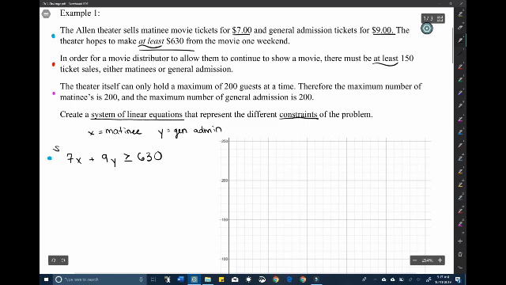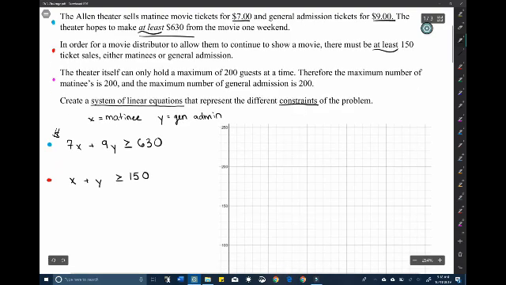That's the first constraint, the money. Our second constraint from the red information: general admission and matinees must be at least 150. So x plus y must be at least 150.